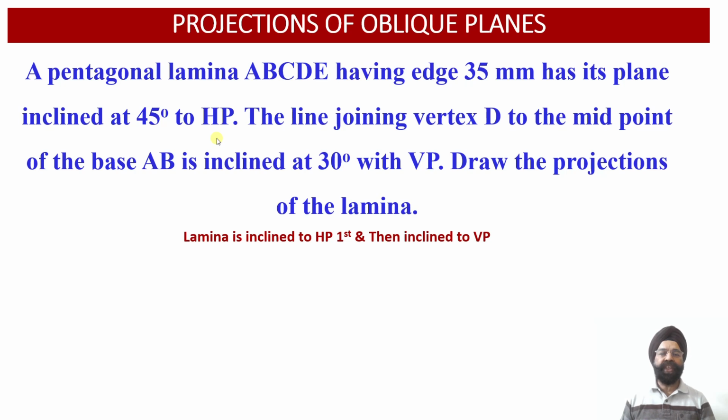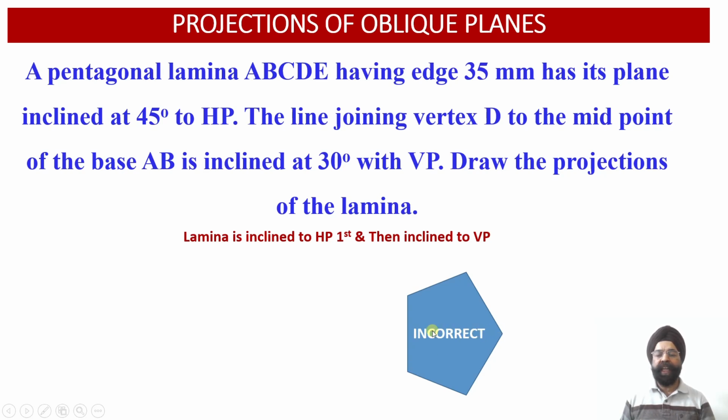So another information which is available with us is the line joining the vertex D to the midpoint of the base AB. So this is the vertex D and this is the opposite edge AB. So we can have A, B, C, D and E points of this pentagon. This is the base AB corresponding to this pentagonal lamina and this is the vertex D corresponding to this lamina.